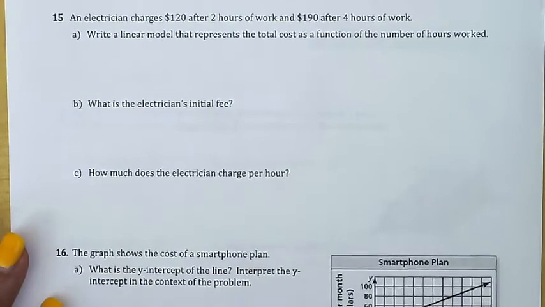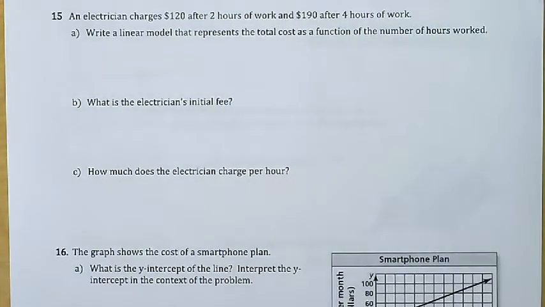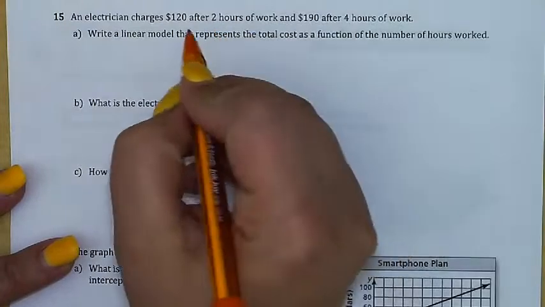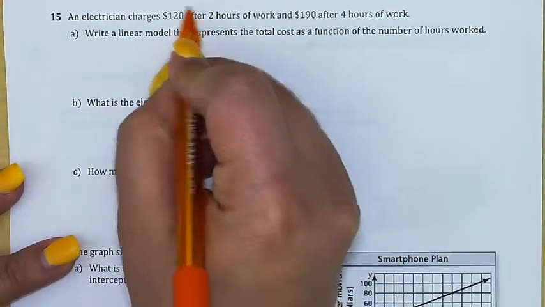Okay, so let's take a look at number 15. It says an electrician charges $120 after 2 hours of work and $190 after 4 hours of work. We want to write a linear model that represents the total cost as a function of the number of hours worked. So again, let's take that information and see if we can come up with some ordered pairs, right?